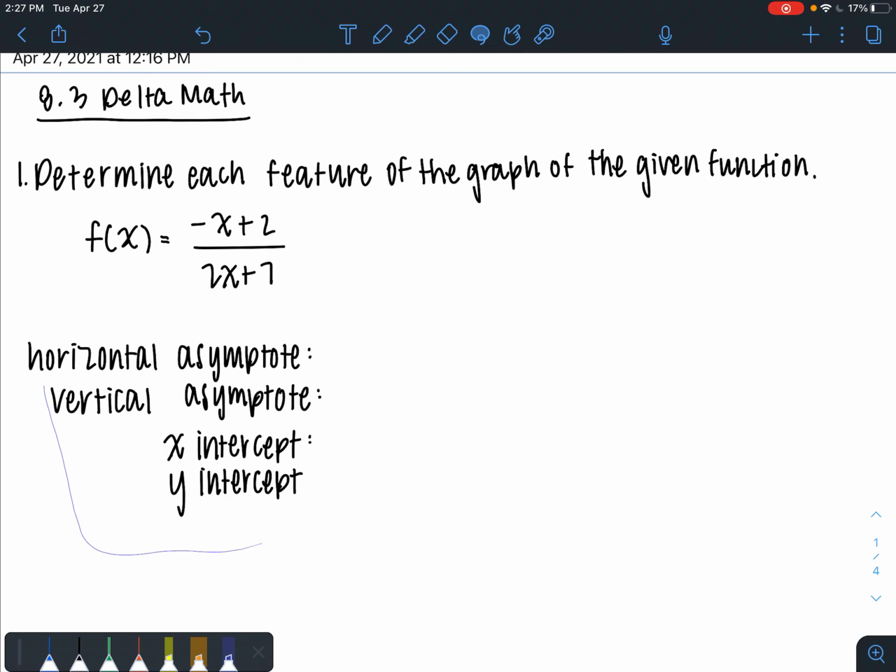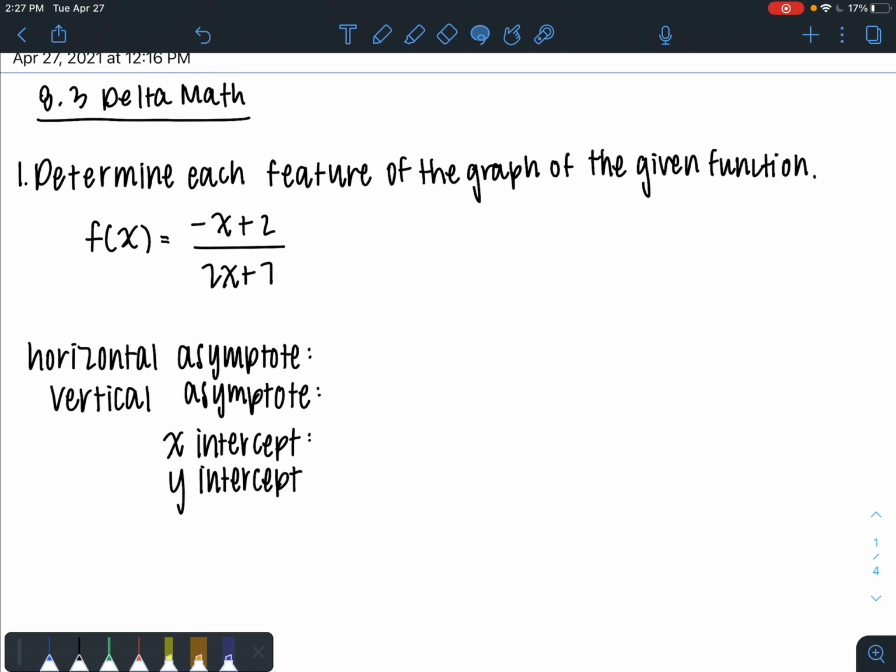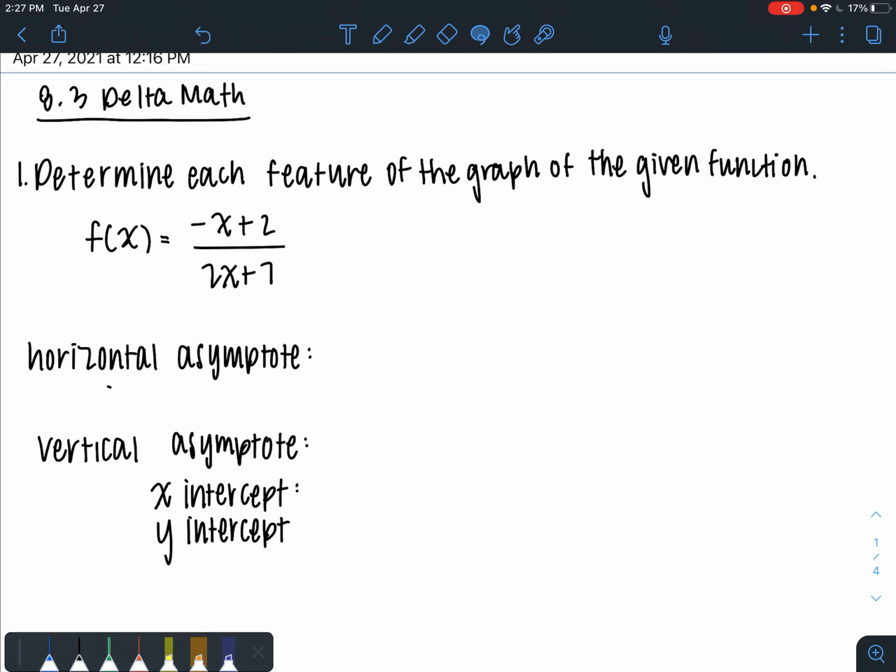Okay, so for the horizontal asymptote, we need to compare our numerator and our denominator, the degree.